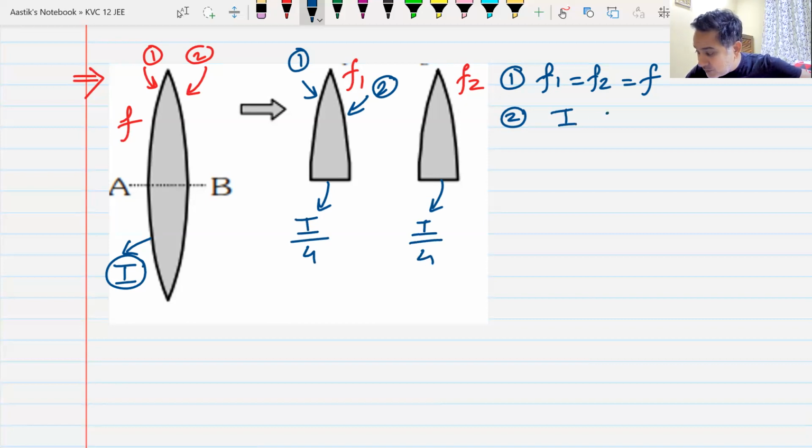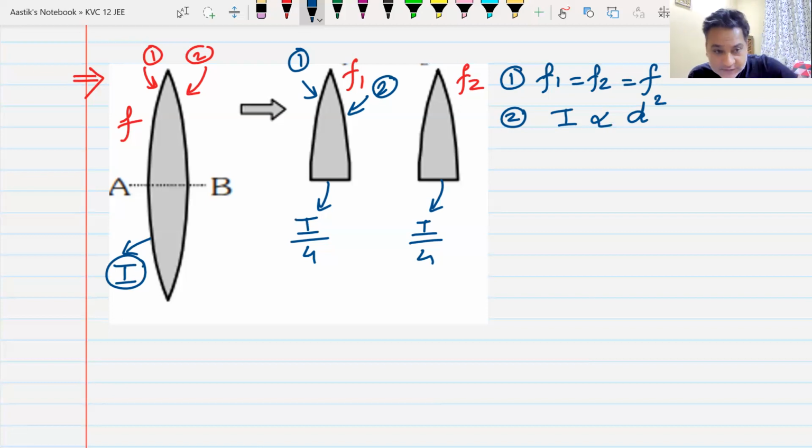Because intensity is proportional to D square. The diameter has become half. So each part has half the diameter of the original lens. So the intensity of the image becomes 1/4. Well done.